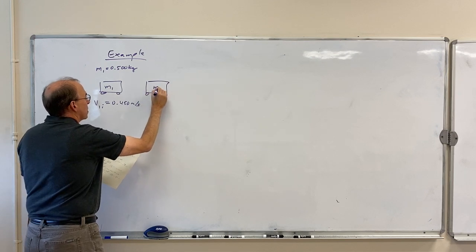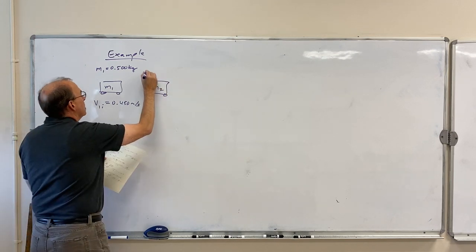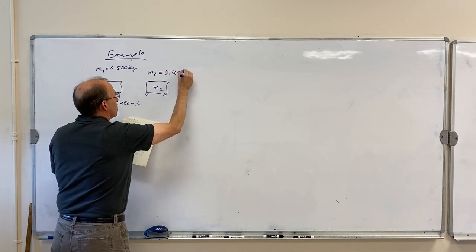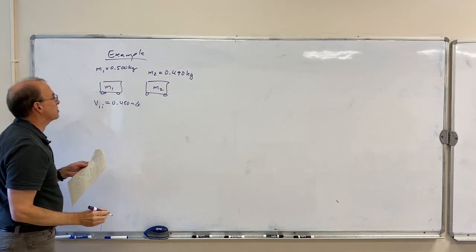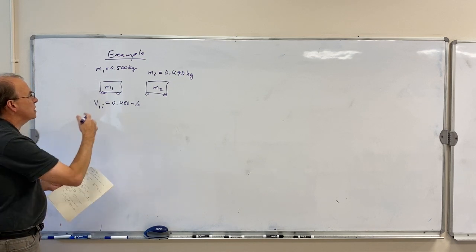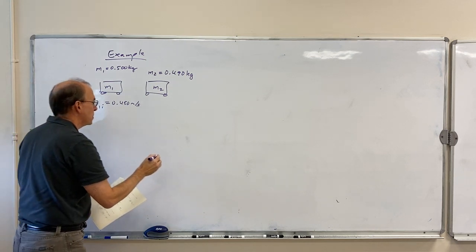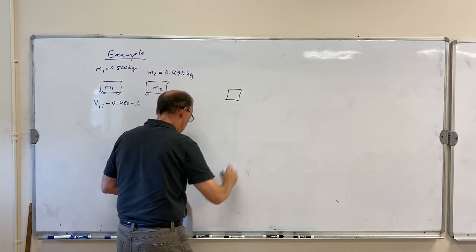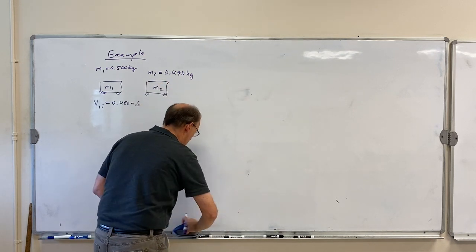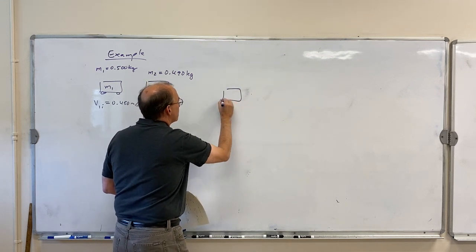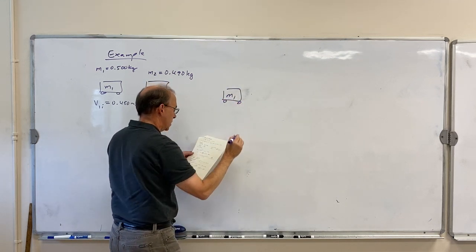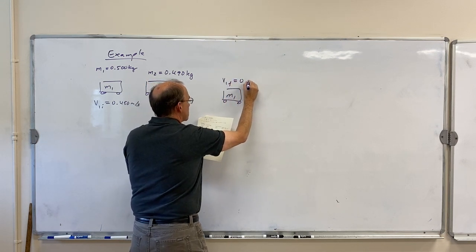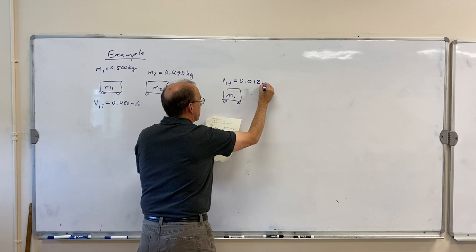There's another cart, M2, that's just sitting here. M2 has a mass of 0.490 kilograms, so almost the same mass, but not quite. So this is the initial situation. Then the final situation after the collision: cart M1 is moving with V1 final of almost stops, 0.012 meters per second.